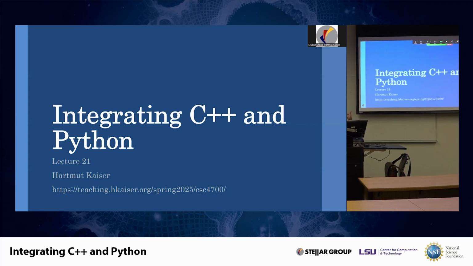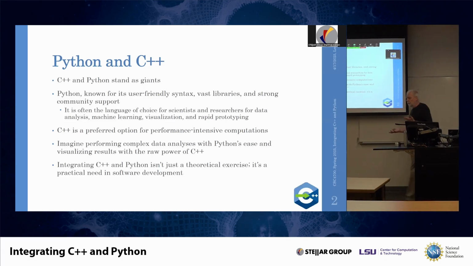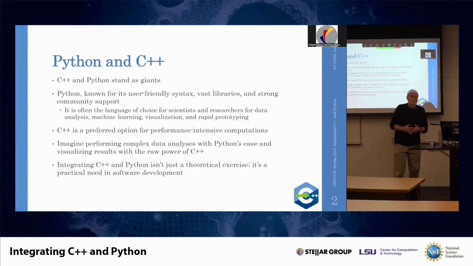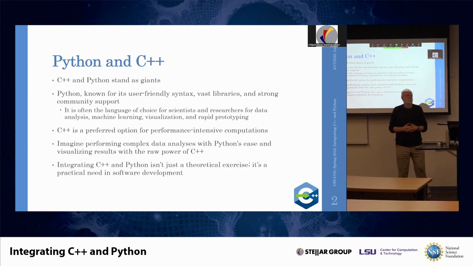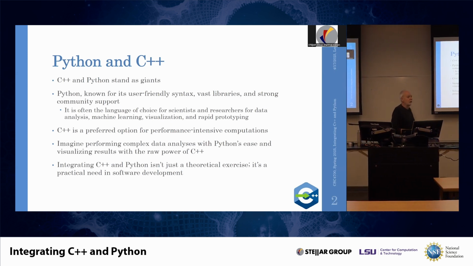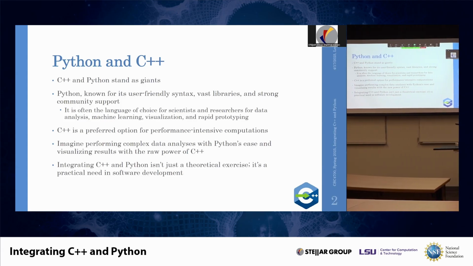So what I'm interested in today is to talk about how we can actually combine C++ with Python, which sounds a bit strange because Python is a weakly typed or dynamically typed language, so only at runtime are types checked to a certain extent. It's scripted, with a very rapid development cycle.